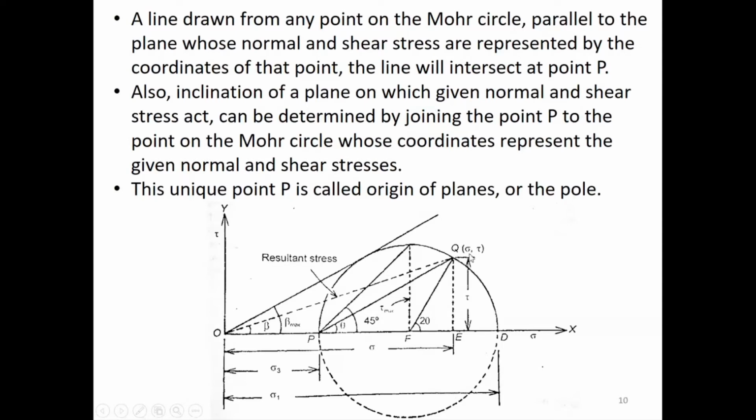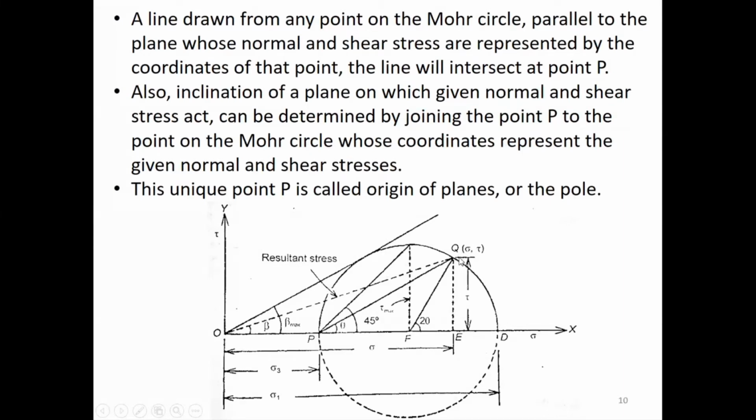Suppose I know the normal and shear stresses acting on the soil element, or on the soil wedge. I know the sigma and tau. So I'll find the coordinates of sigma and tau on this Mohr circle, and I'll plot that particular point Q.